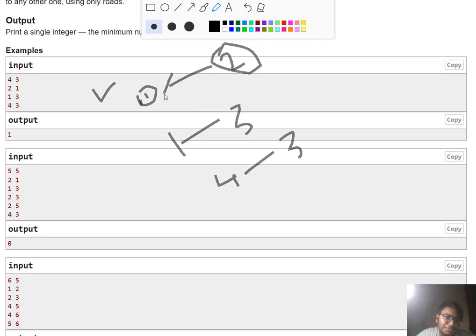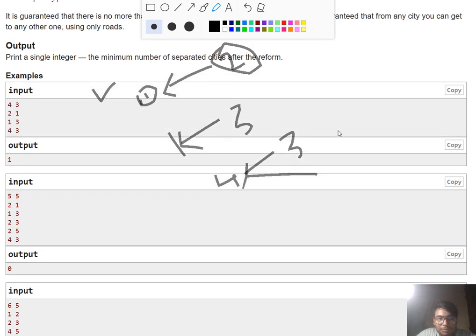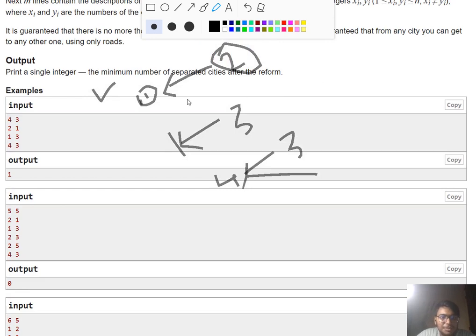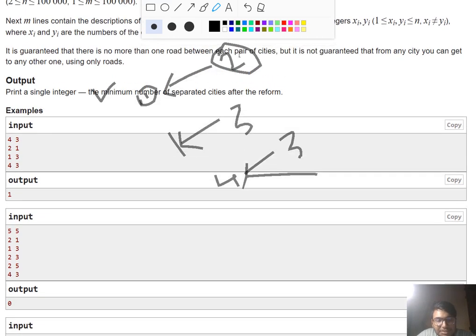If I make a connection from two to this, and from three to this, what was the initial condition? That in degree should be zero. So this two has in degree of zero, and this three is also having in degree zero, but having the outgoing edge like this.